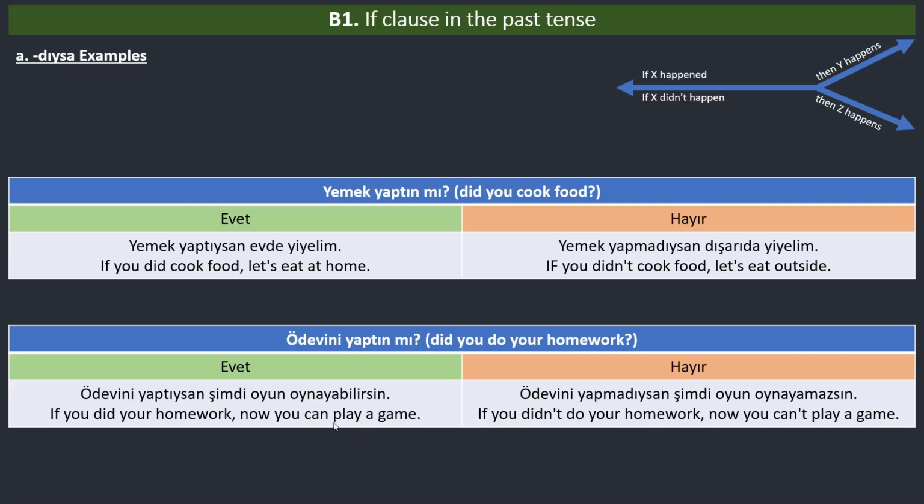If I did it, yaptıysam oynayabilirim. Yapmadıysam oynayamam. So that's the dıysa suffix. Basically, a condition in the past. If the condition happened, something will happen. If it didn't happen, a different outcome will happen.